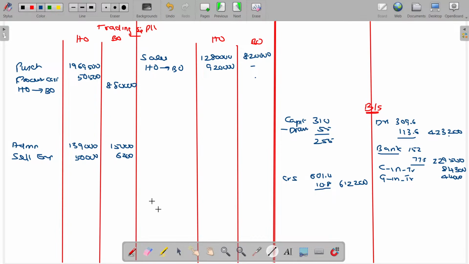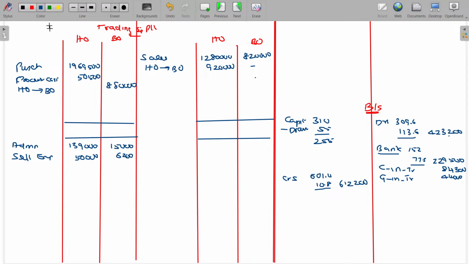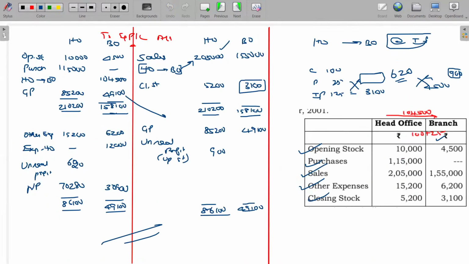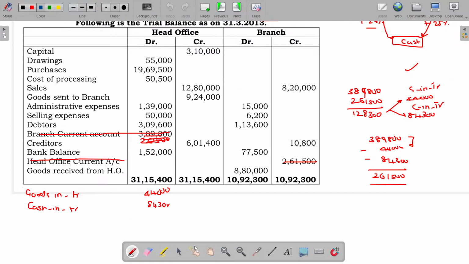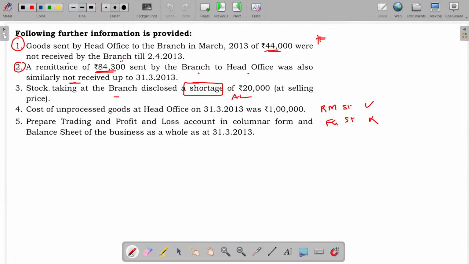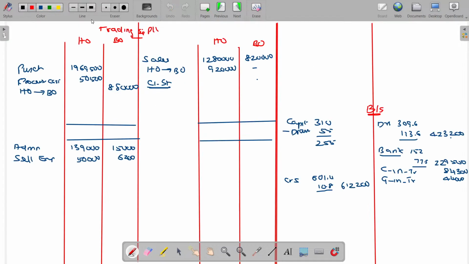Now close the trading and P&L account. So closing stock here is... shortage of stock being 20 can be posted here.